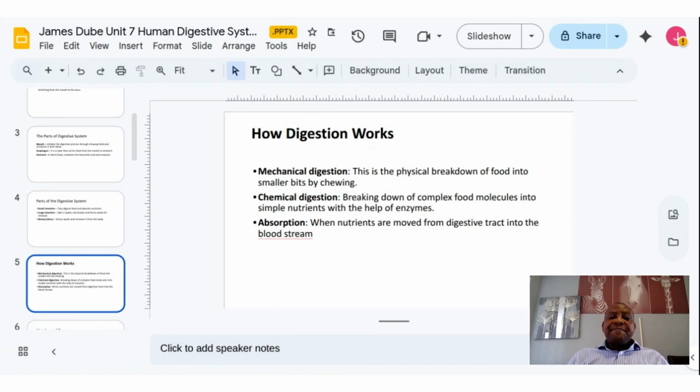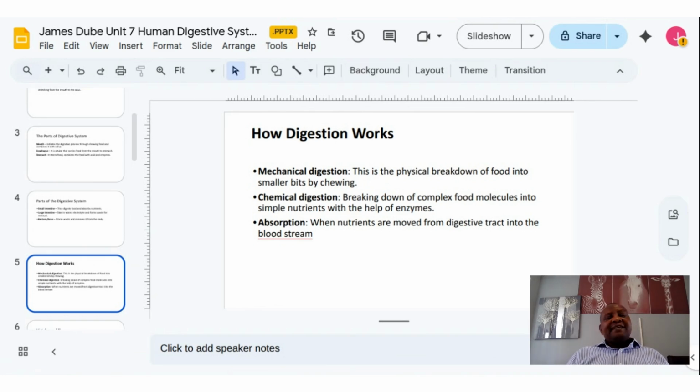Then the chemical digestion is done in the stomach, where there is a breakdown of complex food molecules into simple nutrients with the help of enzymes, because the body needs these nutrients to be balanced and to function so well. It's only after they've been broken down into small absorbable molecules that the body can benefit from these nutrients.